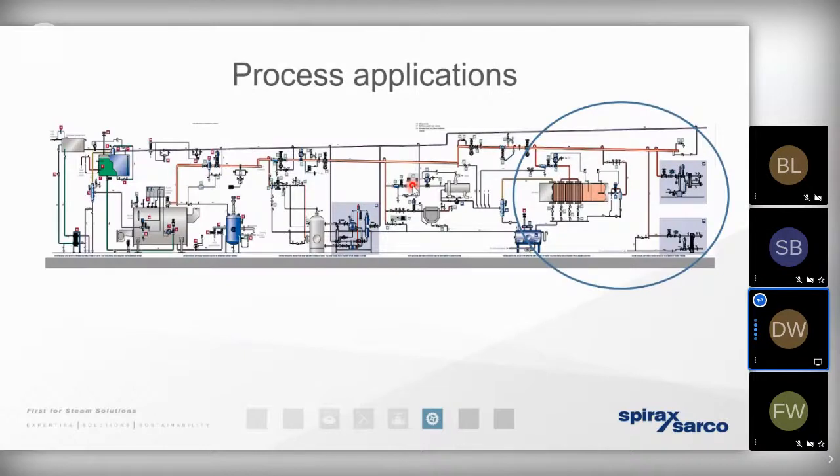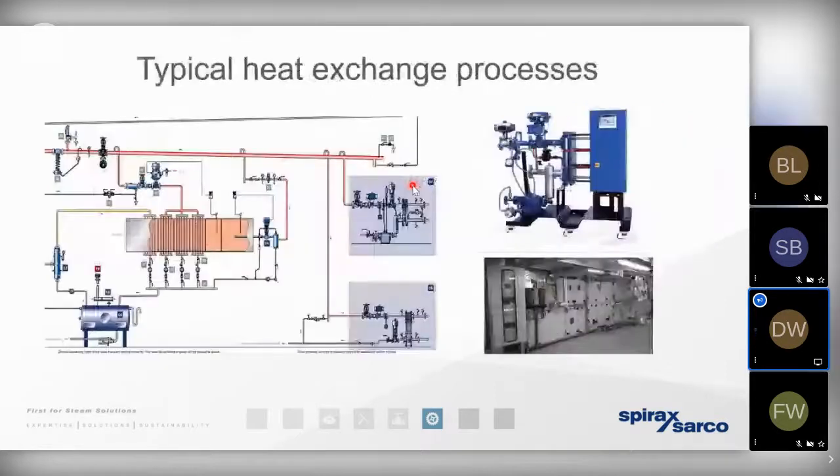So once we've got the steam to the process, as we've mentioned, we need to ensure that we're distributing the best possible condition of steam. And that's the importance of observing the good basic design considerations to ensure that if we're generating a good condition of steam in the boiler house, it arrives at the process in the condition that is expected and required.